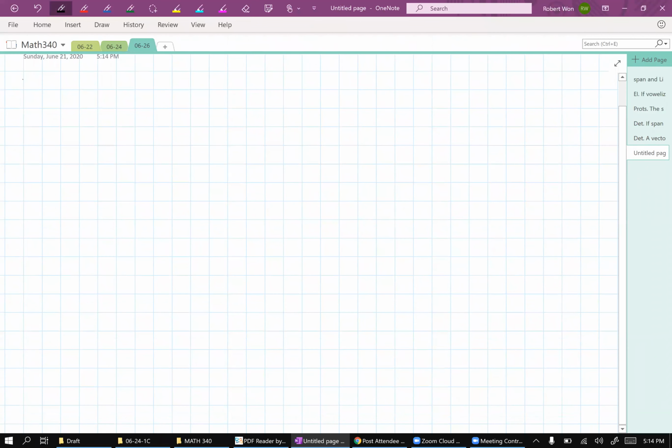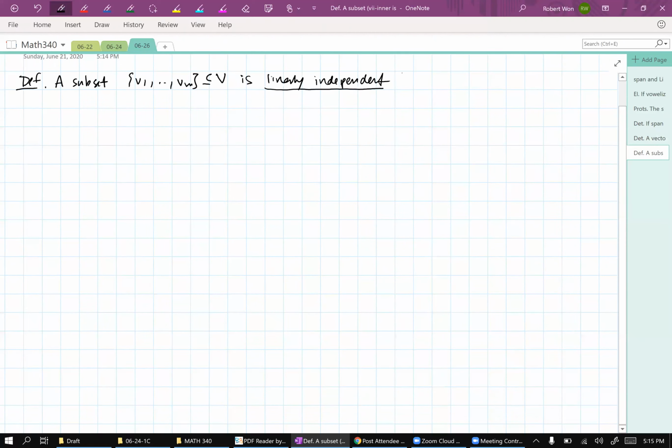I'm glad you asked. Definition. A subset of vectors, maybe V1 through Vm, in a vector space V, is called linearly independent if the following condition holds.